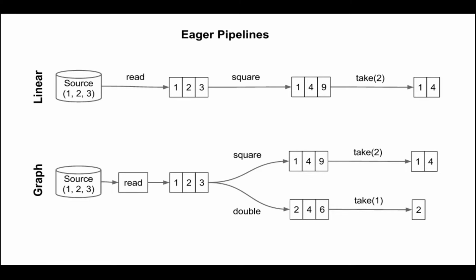Then at each stage an in-memory collection is created, and you can see that this is really bad if my source is big, right? The first step itself will go out of memory and nothing will happen.